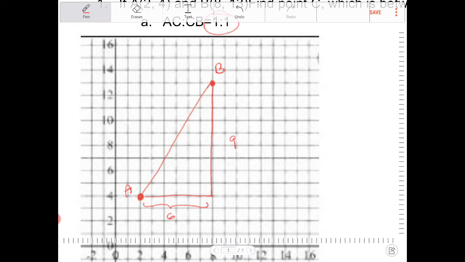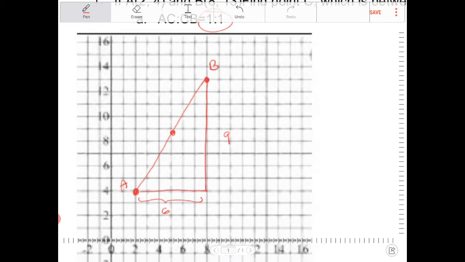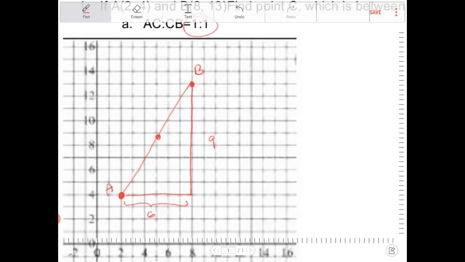So I'm looking for a point that will divide this line segment into proportions of 1 to 1. In other words, 1 to 1 simply implies the midpoint, because each part has the same proportion. It's 50-50, and 50-50 and 1 to 1 mean exactly the same thing. So I can identify the midpoint.